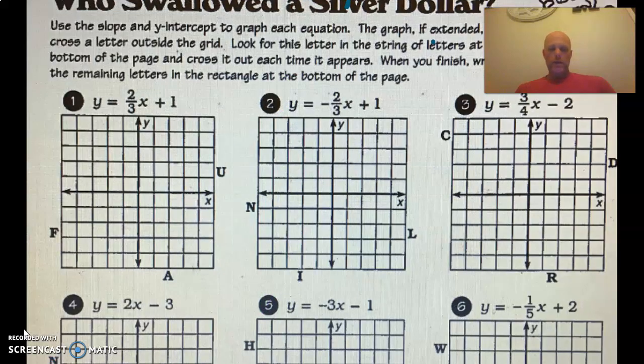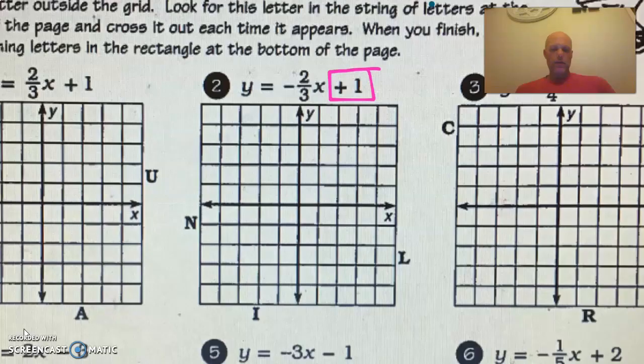So first, let's look at number 2, the y-intercept, right there. The b in the equation, the formula, is +1. So on the y, you just have to go to +1. Here's the origin. Just go up 1. There you go, and plot your point right there.